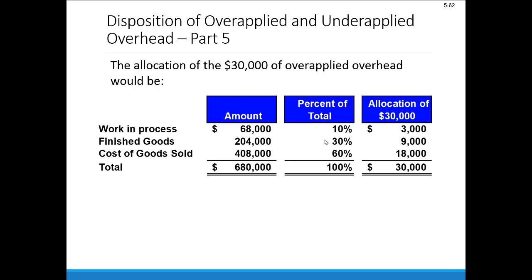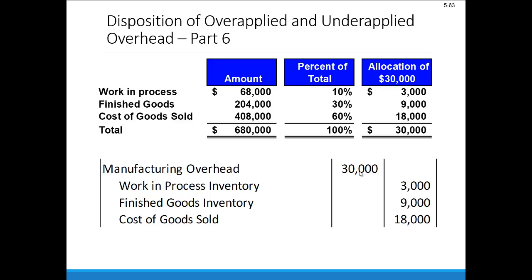Finished goods had 30% of the total overhead cost, so I'll dispose of 30% of this over-applied overhead there. 30% times 30,000 is 9,000. And then cost of goods sold had 60%. So 60% times 30,000, there's my 18,000. And I'll double check to make sure I'm accounting for all 30,000.